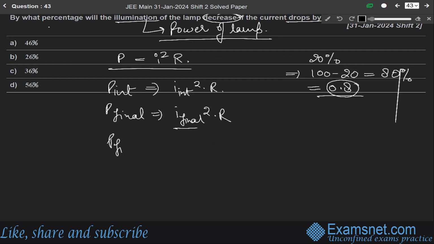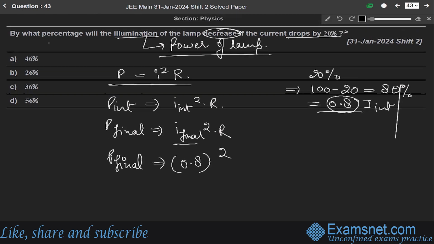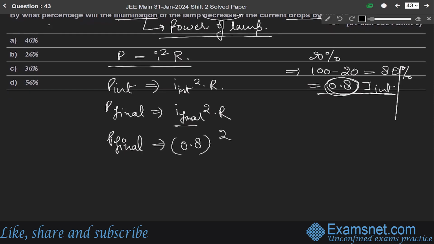So we write P final is equal to 0.8 square, 0.8 of the initial current, since it is saying that the current drops by 20%. So the remaining is 0.8 of the initial current, into R.